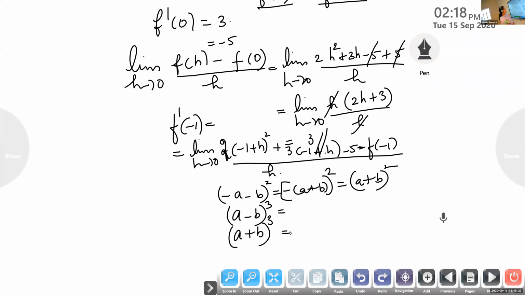What is the answer? What is f dash of minus 1? Minus 1. F dash of minus 1 is minus 1. Okay. Are you all getting the same answer?